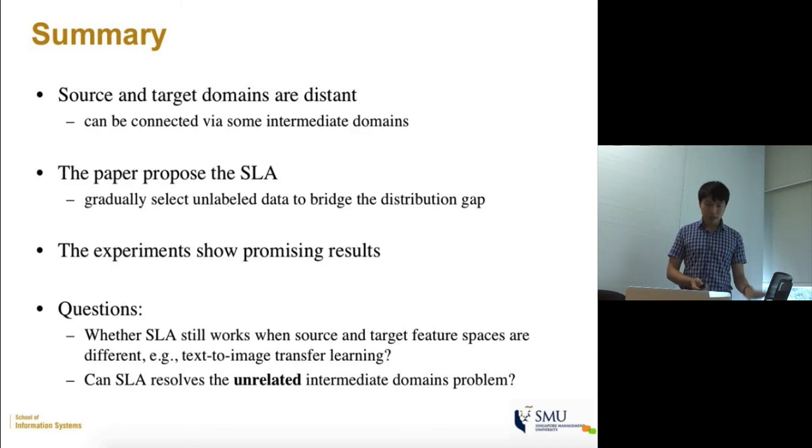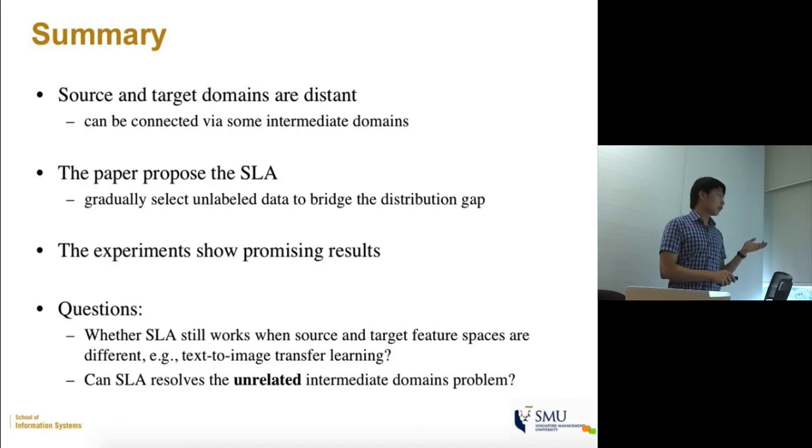However, I still have a couple of questions about the robustness of the model, like whether this can handle the case in which the source domain and the target domain don't have the same feature space, like in the case of text to image transfer learning, which is addressed by the transitive transfer learning paper.